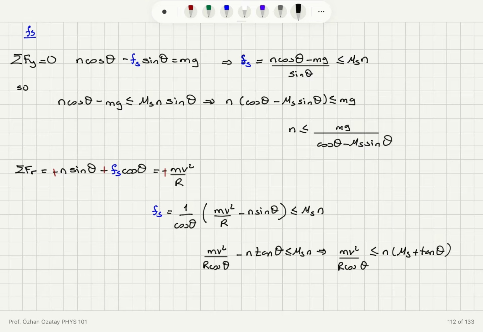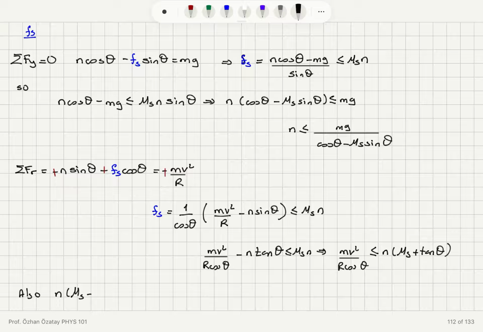Since I have this inequality and the earlier one, I will multiply it with mu s plus tangent theta in order to obtain this form here. So also I have n less or equal to mg over (cosine theta minus mu s sine theta).